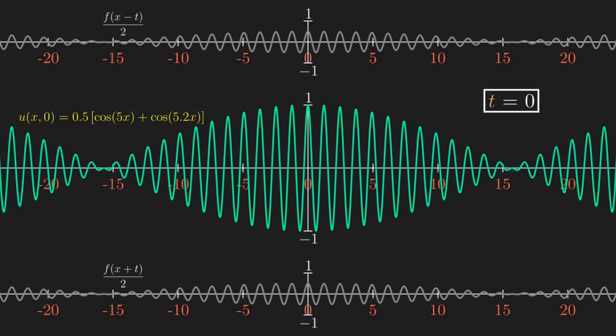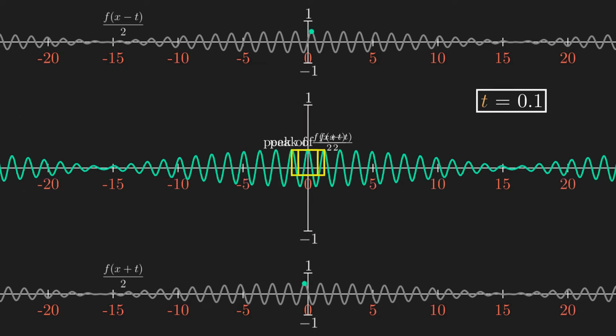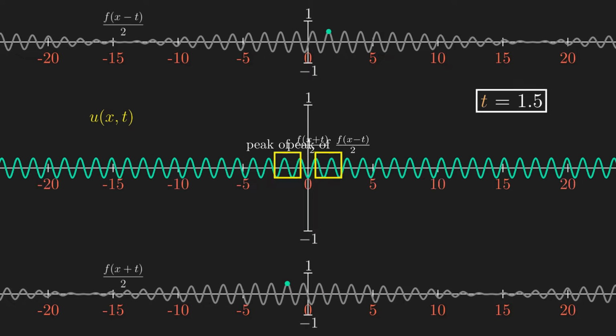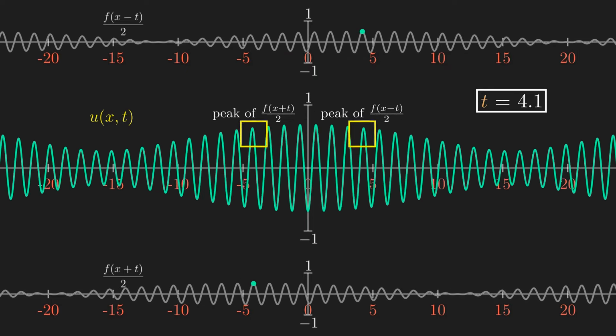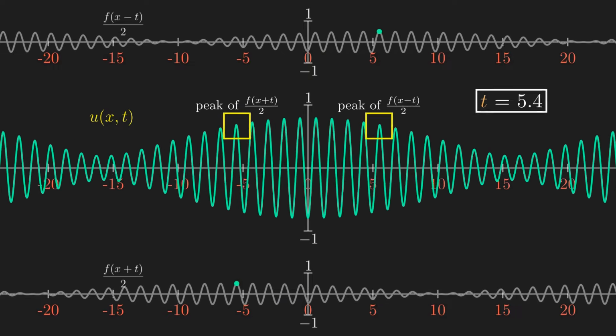Here we have an initial condition of the sum of 2 cosine waves with slightly different frequencies. The above and bottom are the components of the exact solution. Above is traveling to the right, below is traveling to the left. Here is the dynamics.